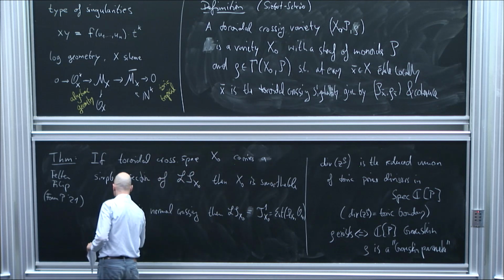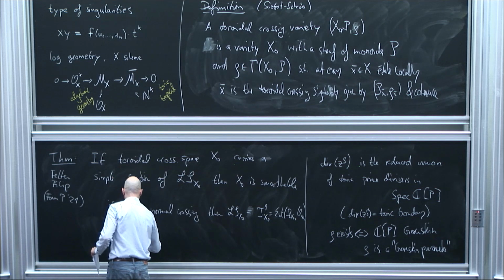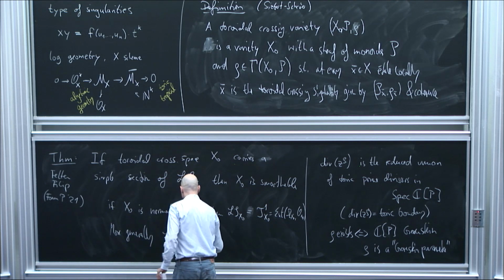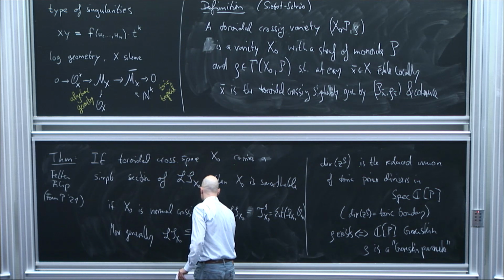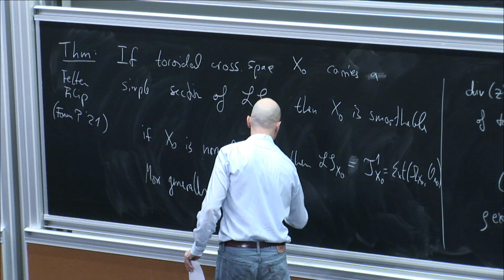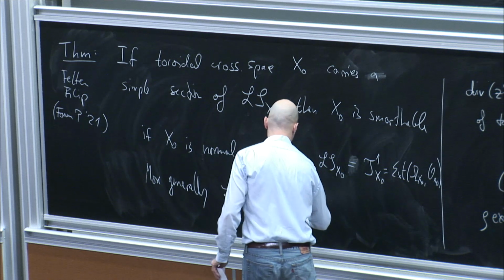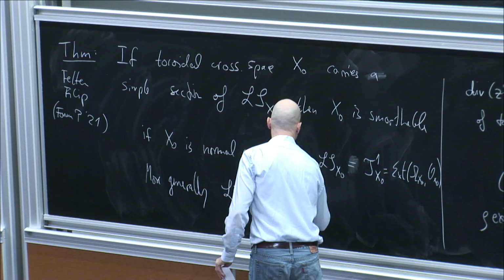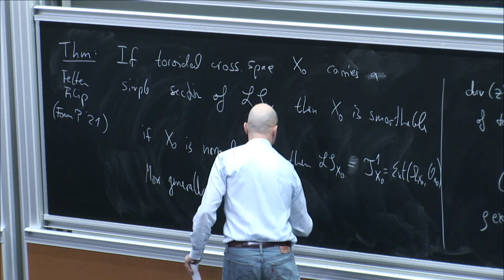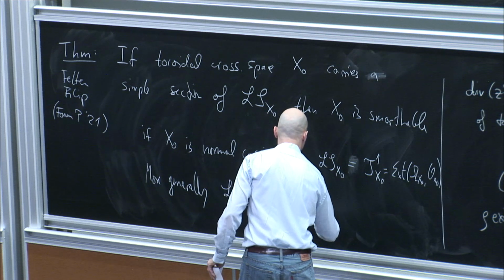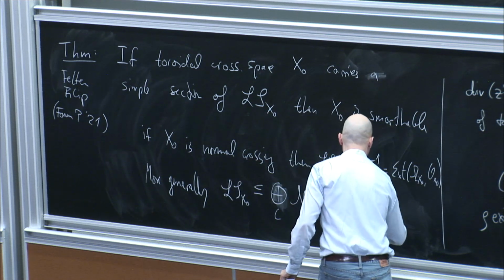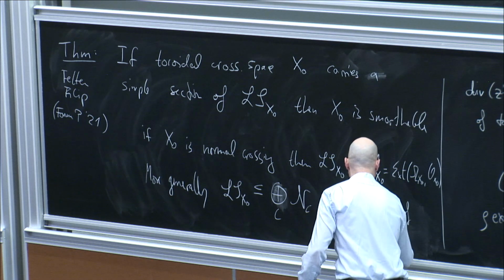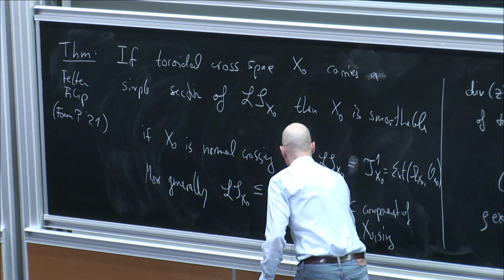More generally, this LS on x0 is a subsheaf of the push forward of the direct sum over c, where c are components of x sing, and these are line bundles.